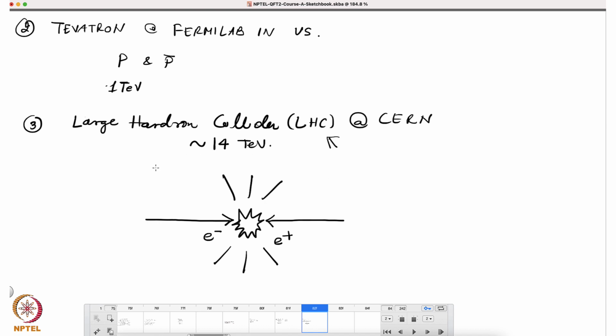But here when we are doing these experiments, it is possible that you collide this electron and positron and they both disappear, and they give you, let us say, a Z boson, together with a bunch of other particles. Okay. So, the initial state and final state could have very different particle composition.